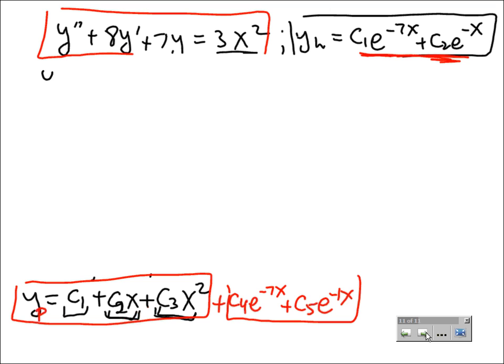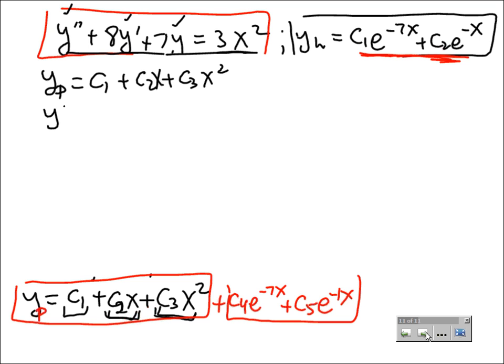We now know that a particular solution is in this form. And I'm going to plug that into this equation. But if I have the y, I need y prime and y double prime. So let me calculate the primes. It's going to be c2 plus 2c3x.